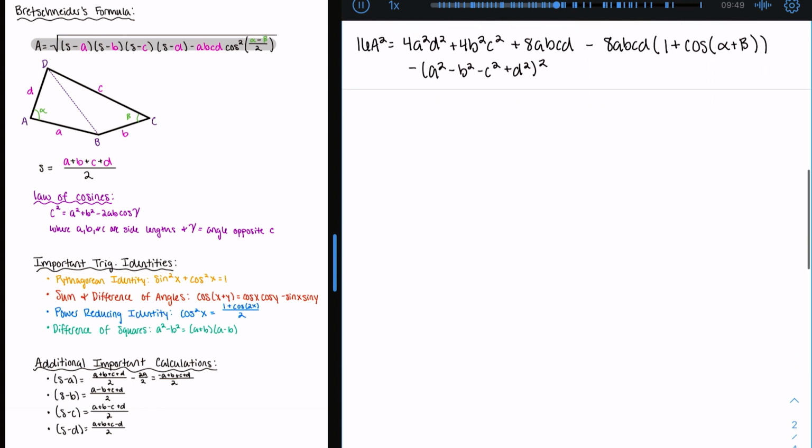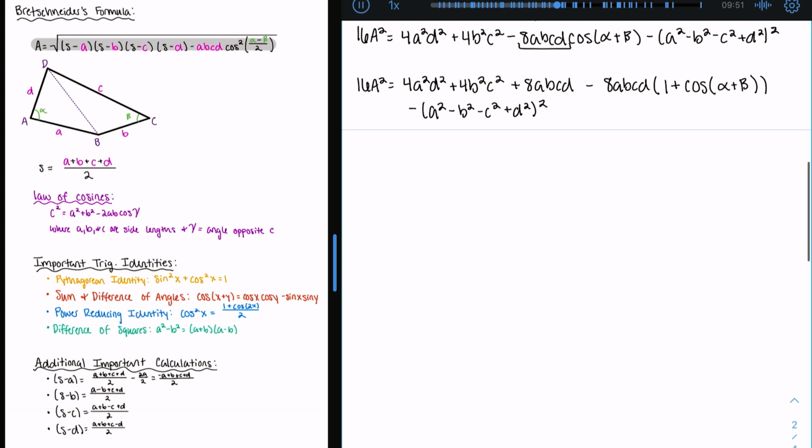So now I can use another one of the trig identities for this piece, the power reducing identity. If I just move it around a little bit, I will get that 1 plus cosine of alpha plus beta is equal to 2 times cosine squared of alpha plus beta divided by 2.